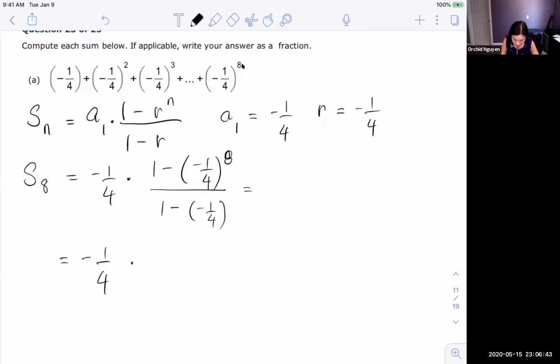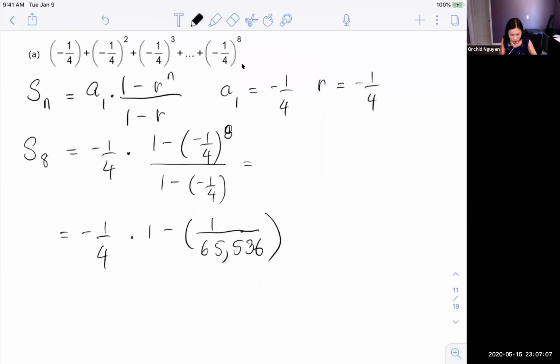I would just use the calculator to figure out what 4 to the 8 is. 4 to the 8 power is going to be 65,536. Notice because I raised to an even number, I'm going to get a positive number.